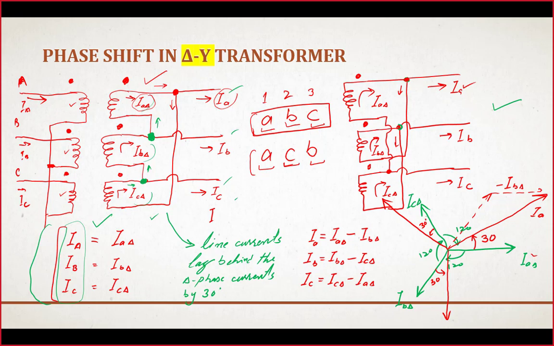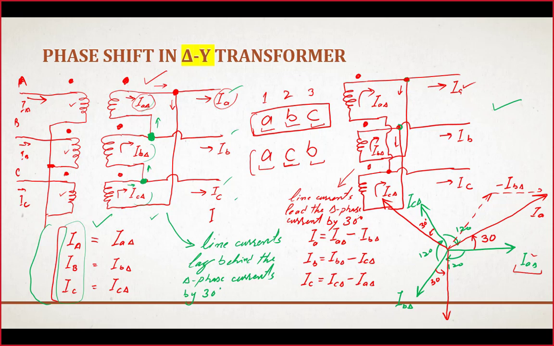So now these red solid phasors are displaced from each other by 120 degrees, and these are the line currents. But if we compare their phase angle with respect to the corresponding delta phase angles, these phasors are now leading. So if we summarize the results here, line currents lead the delta phase current by 30 degrees.